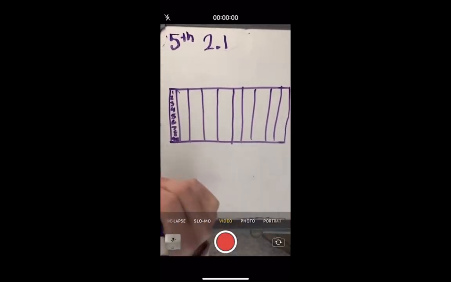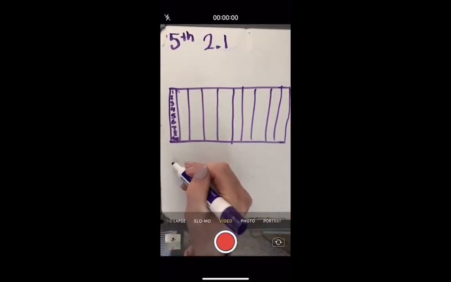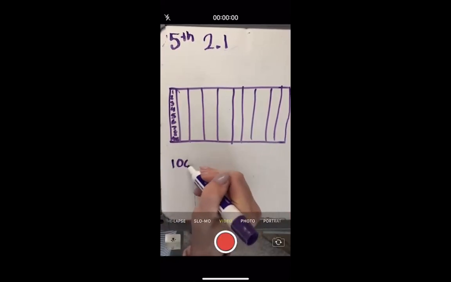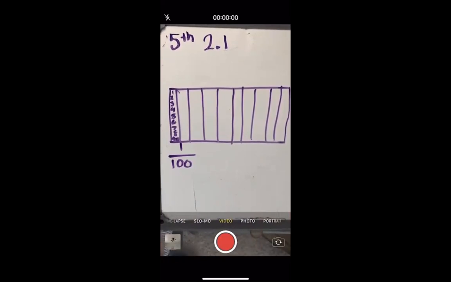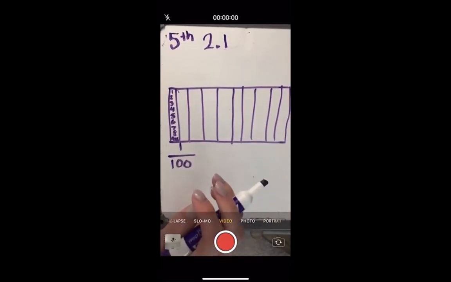How many pennies does it take to make a dollar? 100. Okay, and I heard Addie in the background, thanks. So 100 pennies to make a dollar. So 1 penny would be 1/100th of a dollar. It takes 100 pennies. If I just have one of them, then it's just 1 out of that 100 pennies.